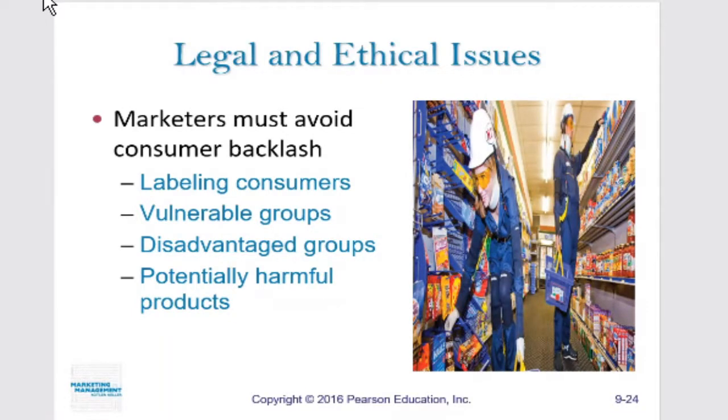They could be put in a harmful situation, or their information could be exposed and make them vulnerable. Many have come under fire for this practice, because they have picked up information from seemingly harmless areas, like gaming or entertainment, and exposed this vulnerable group to a harmful or disadvantaged situation.